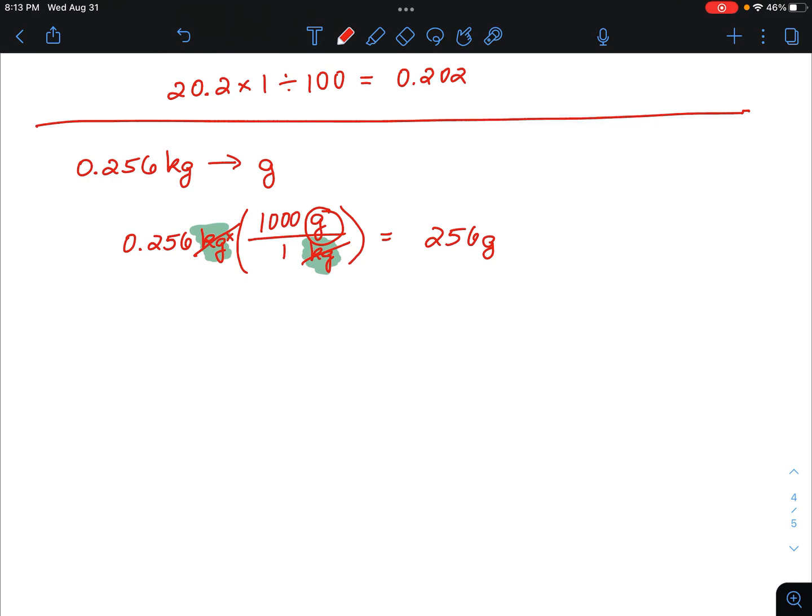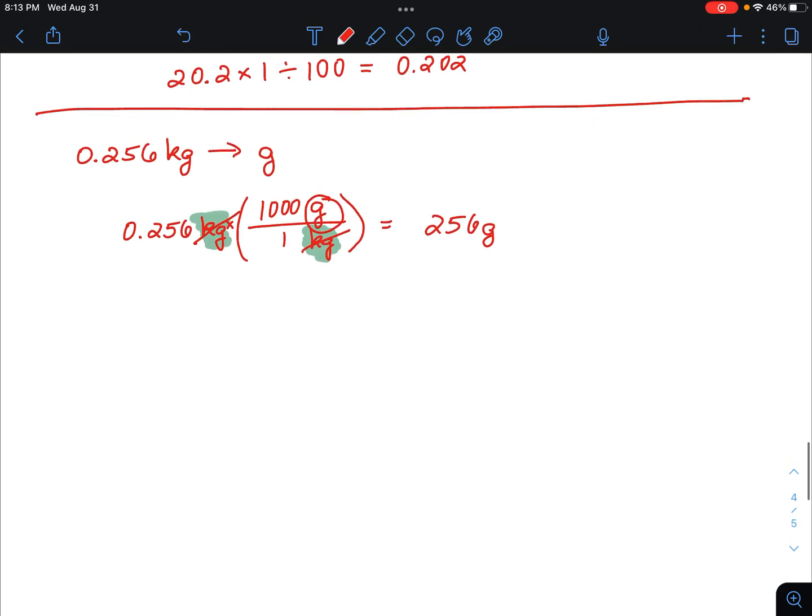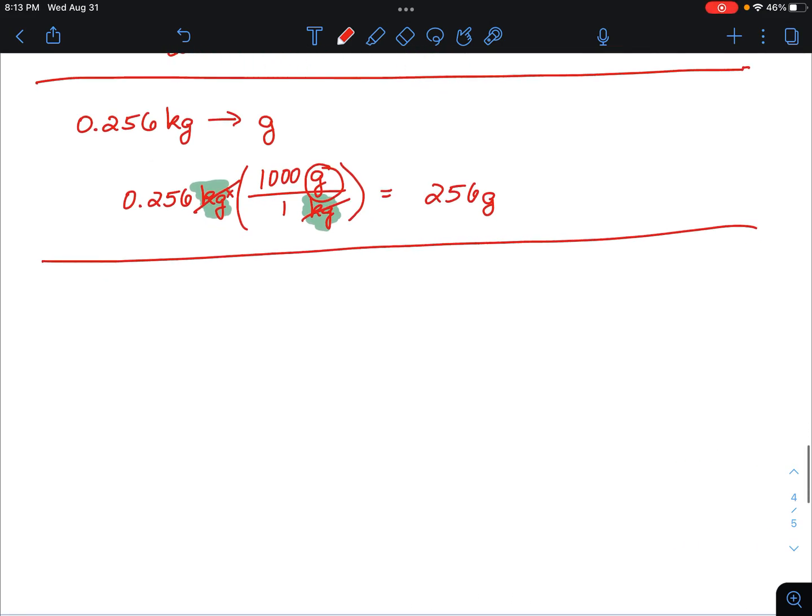All right, let's try another one. So let's do a unit of area. So let's do 5,642 centimeters squared and convert that to meters squared.